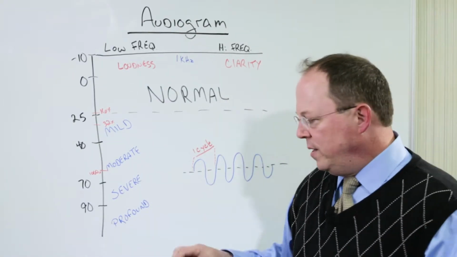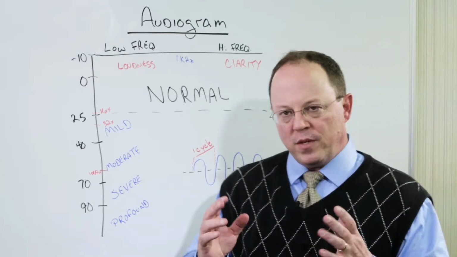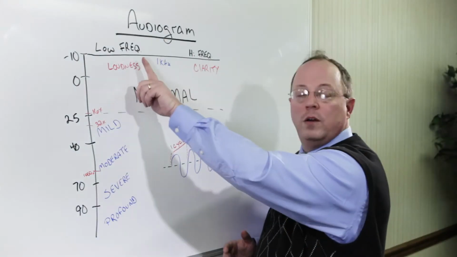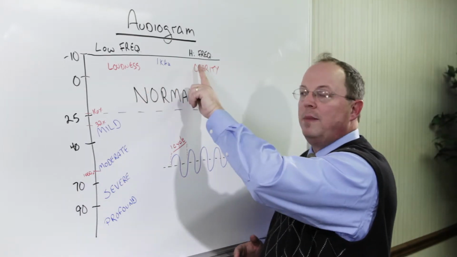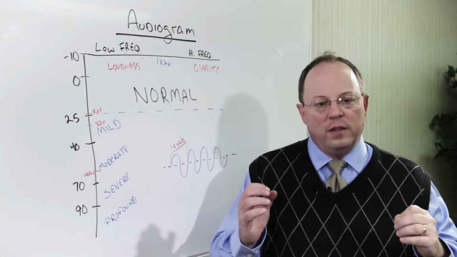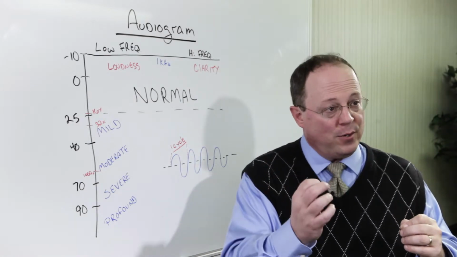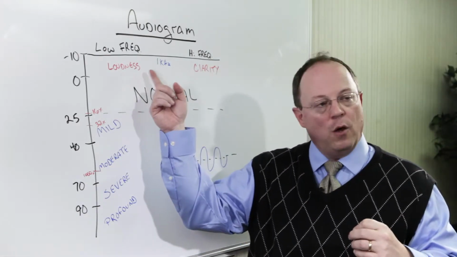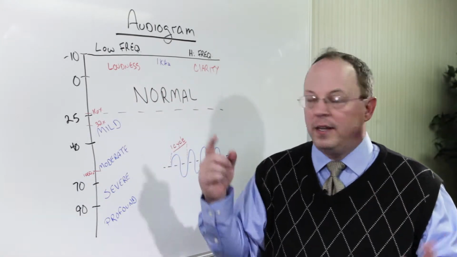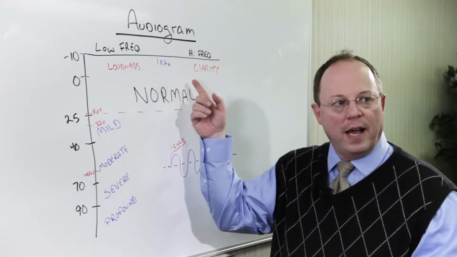The thing that you need to realize when it comes to speech, the human voice carries primarily from 400 hertz in the low frequencies out to about 4,000 hertz in the higher frequencies. And the loudest parts of our words, the vowel sounds, will carry in these lower frequencies, where the consonants, that gives us our clarity, those will tend to carry out here in the higher frequencies.